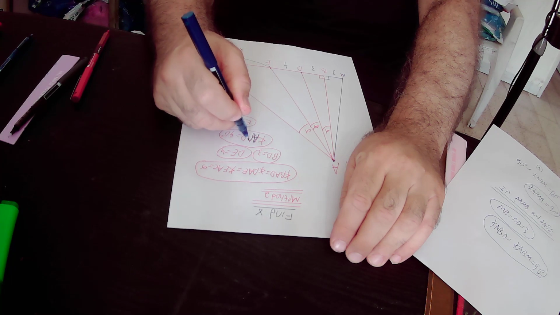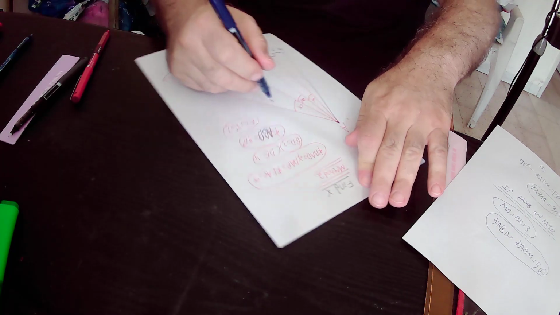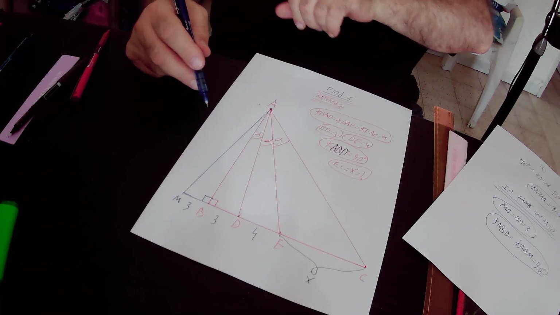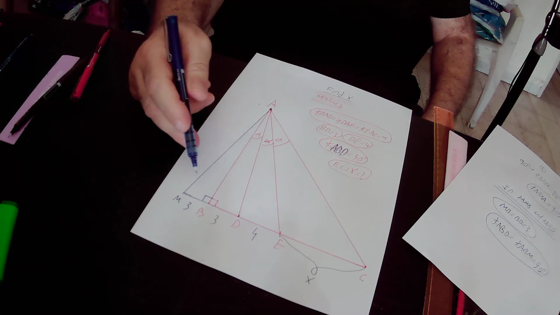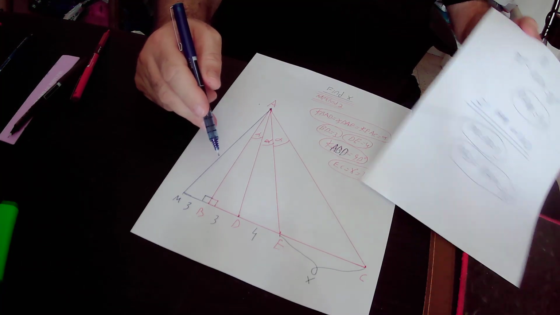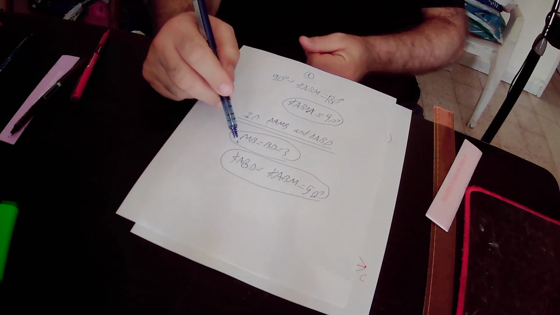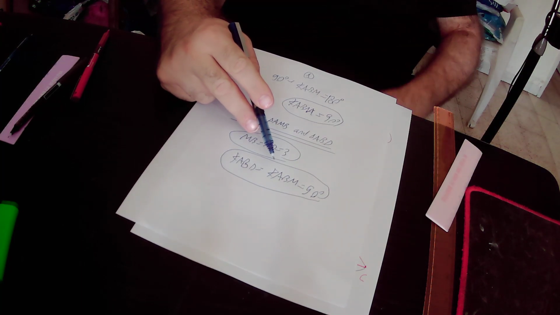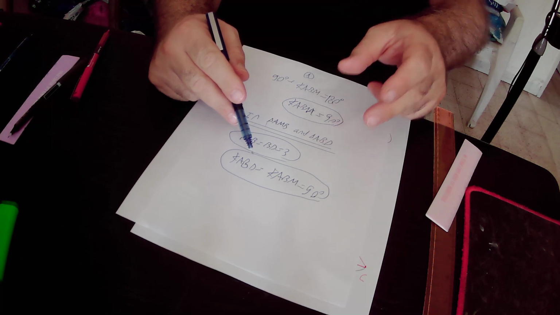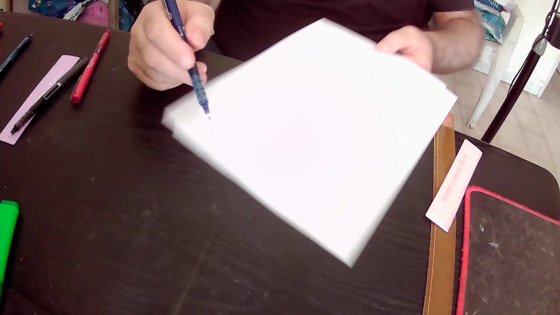And we have already proved that angle ABM also equals 90 degrees. So angle ABD equals angle ABM, and those two angles are right angles.